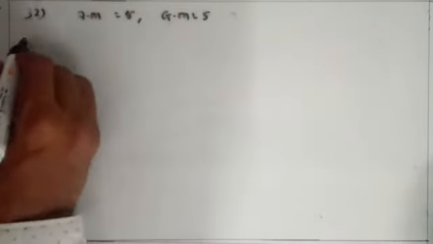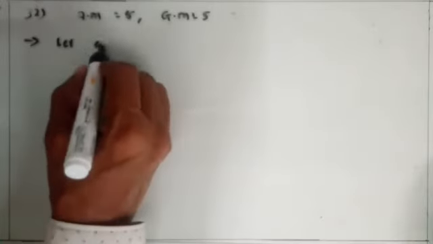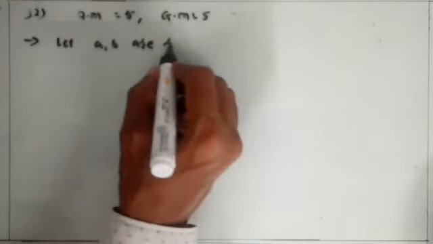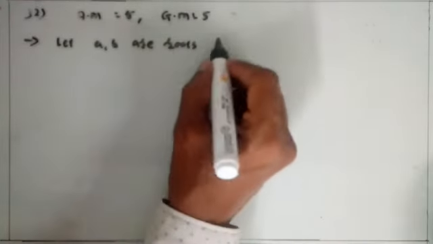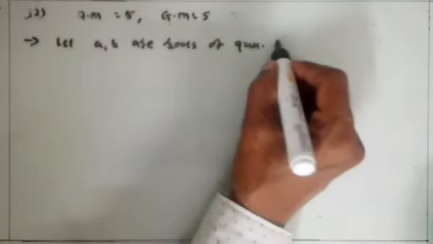First, suppose the given two numbers, the roots of the quadratic equation, are a and b. Here we want to get this quadratic equation. So first, let a and b be roots of the quadratic equation.